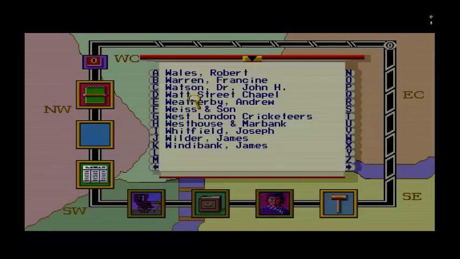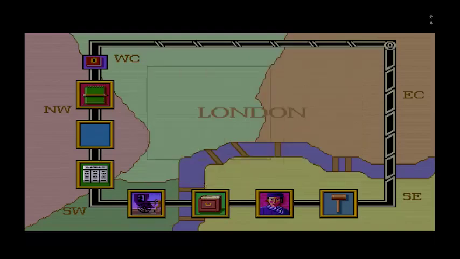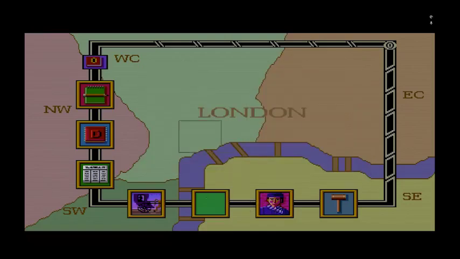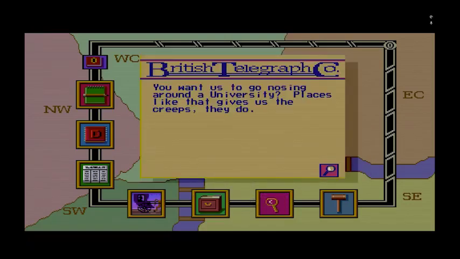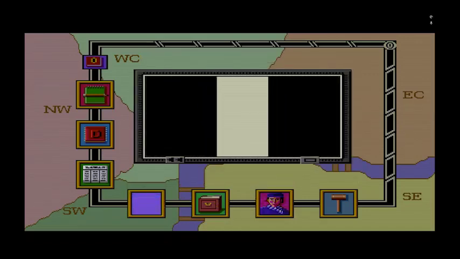Yeah, fellow passenger on the boat to England. She was married to one of the victims, and she had an affair with Uruburu. That's what he meant by that. Alrighty, well, Lawrence Feld. Let's see what this guy's all about there, boy. Chairman of the Egyptology Department at the London University College. You want us to go nosing around university? Places like that give us the creeps, though. Oh boy. Well, let's go and see this man right now.